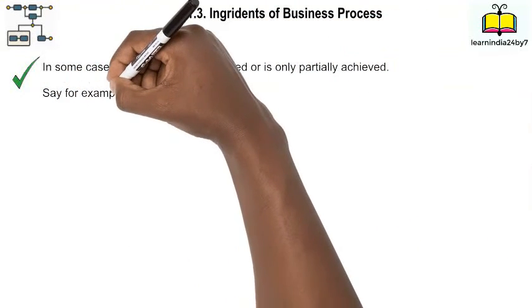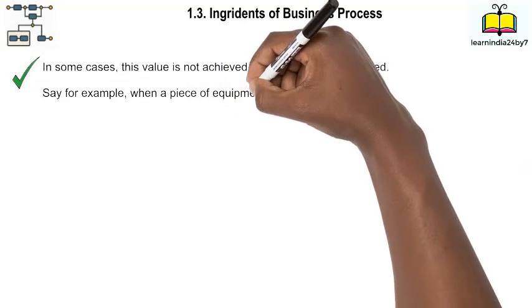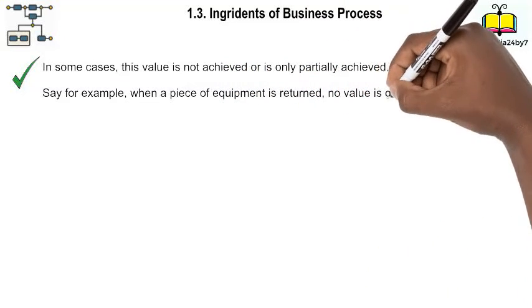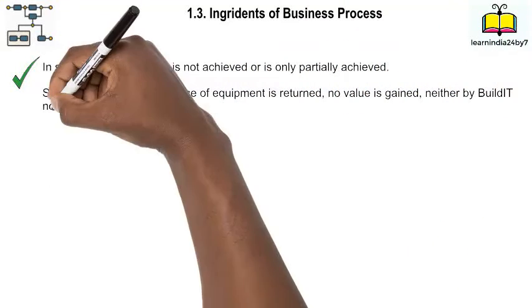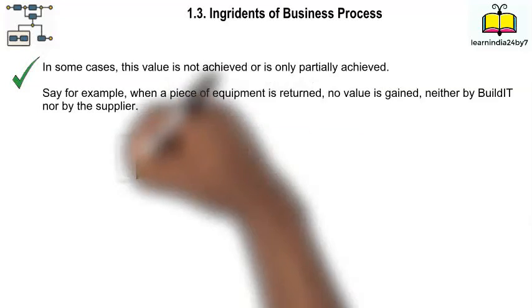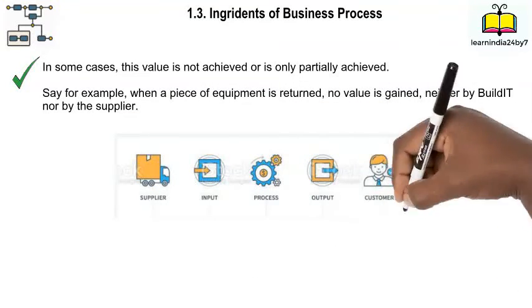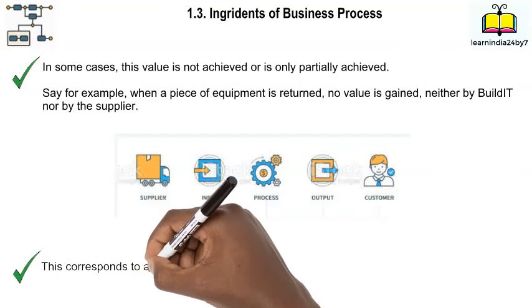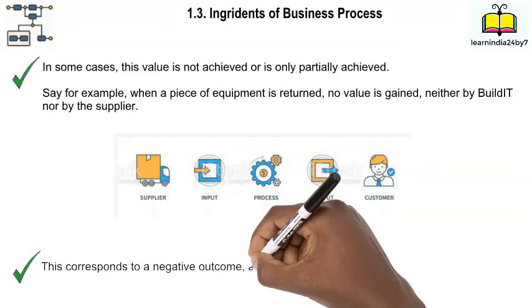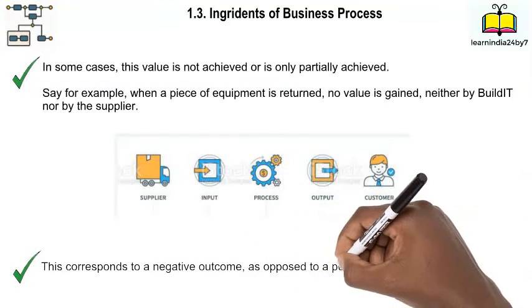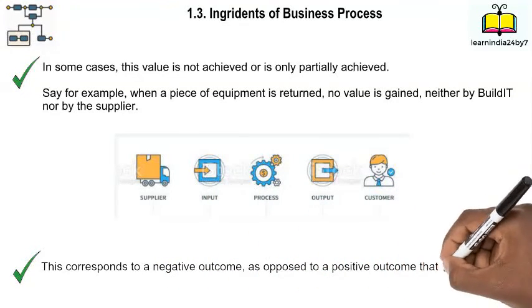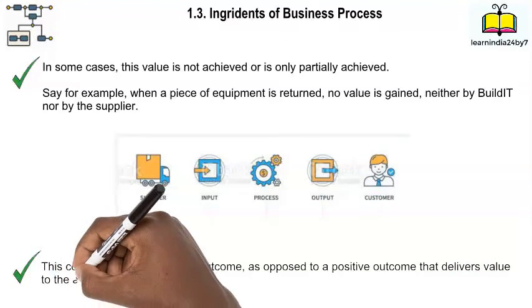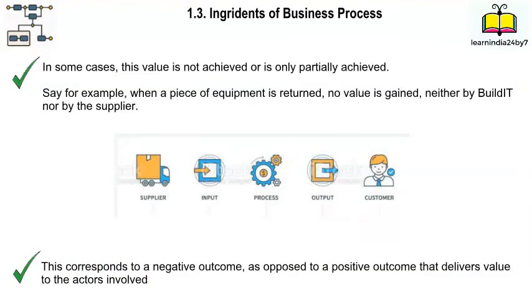In some cases, no value is delivered or only partial value is delivered. In the current example, when a piece of equipment is returned, no value is gained either by Build IT or by the supplier. This corresponds to a negative outcome as opposed to a positive outcome that delivers value to the actors involved.